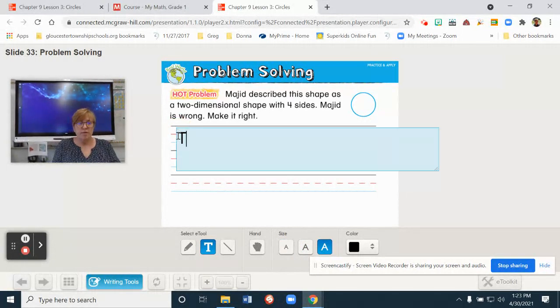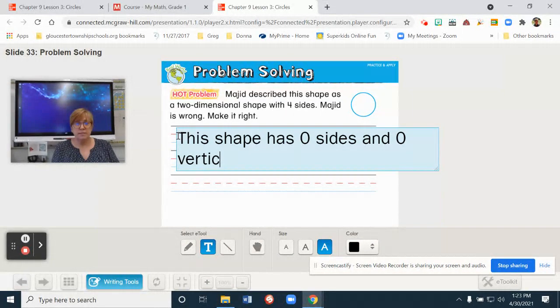Okay, this shape has no sides, 0 sides, and 0 vertices. It is a circle. Okay?